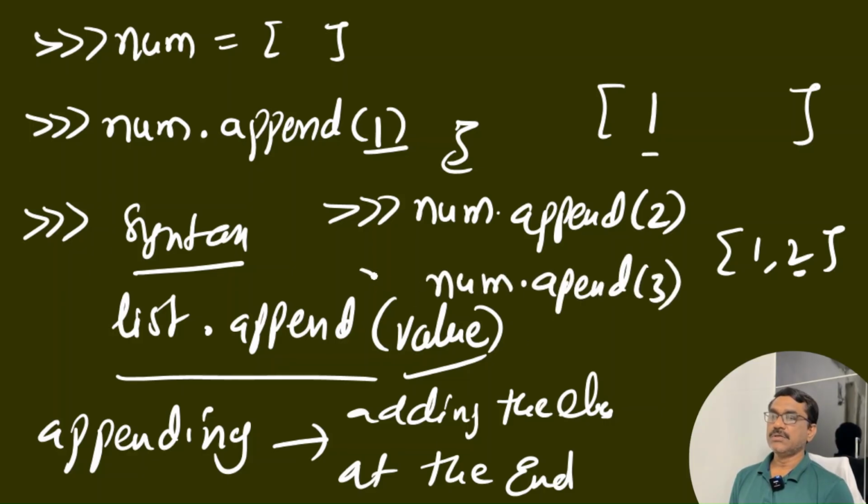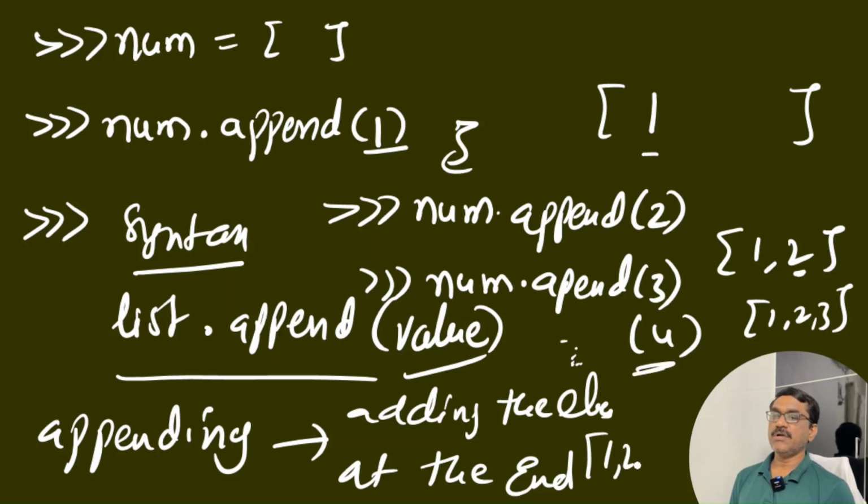So here at the Python shell, every time you can use the append method to append multiple values. So here 1, 2, 3 is added, next 4 is added. Like that, the list is going to get more elements. This is the way of appending the elements into a list. I think it is clear. Append only adds the element at the end of the list. This is very, very important.